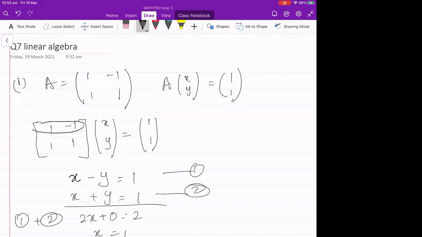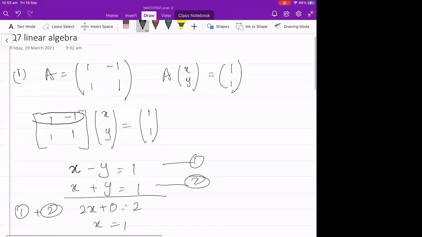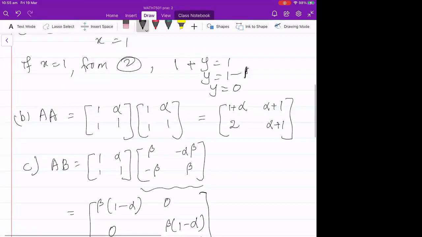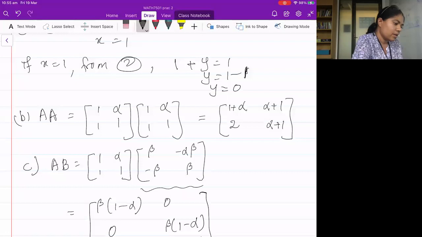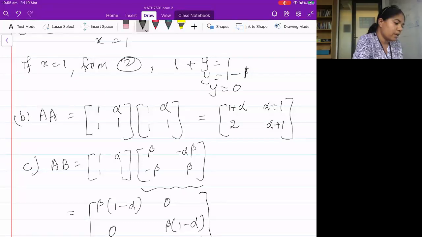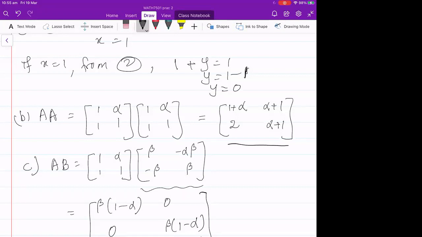I'm sorry, 7B. We determine the product A times A. I think the A multiplied by A entry should be 2 rather than alpha plus 1. Oh, this one? Yeah. Okay, so it's like this row times this one.